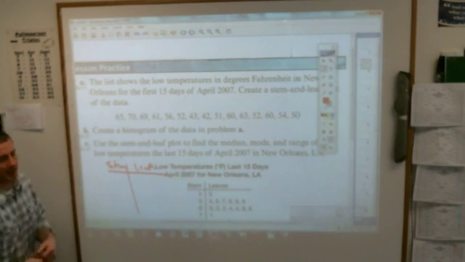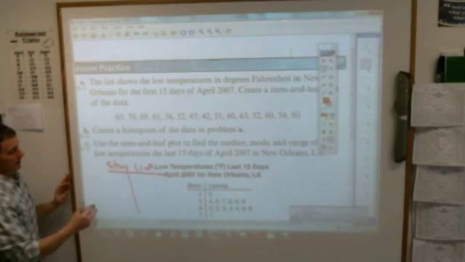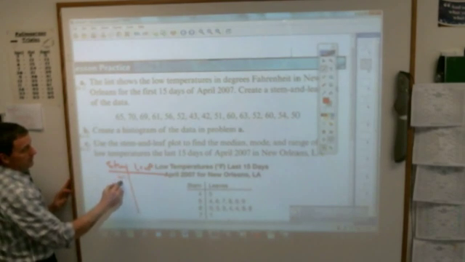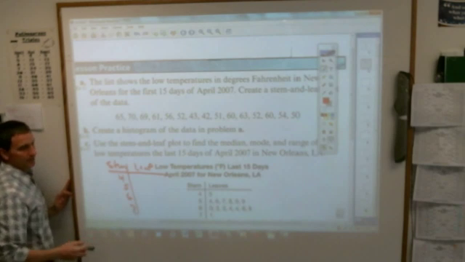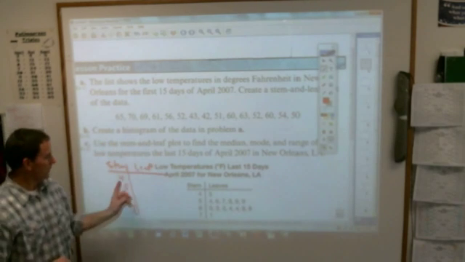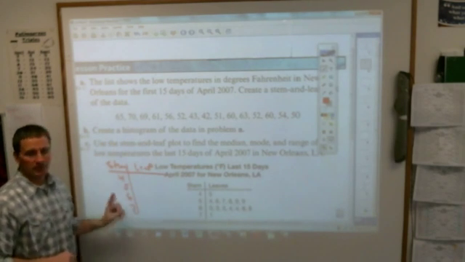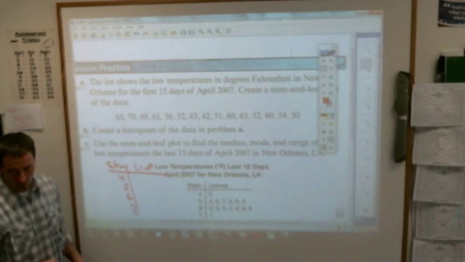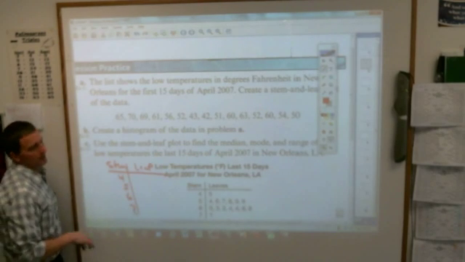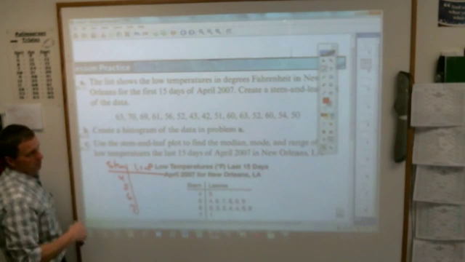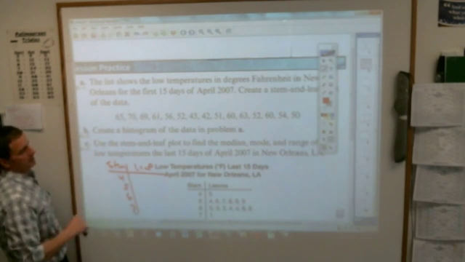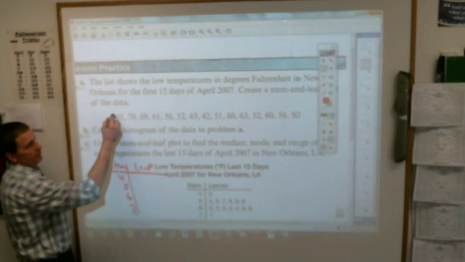So in my stem, I'm going to have a 4, a 5, a 6, and a 7, because all the numbers fall in the 40s, the 50s, the 60s, and the 70s. Correct? And then as you do this, like they said to number them, but I'm saying you can probably do it. It's a little more confusing to do it this way, but it might save you a little time.